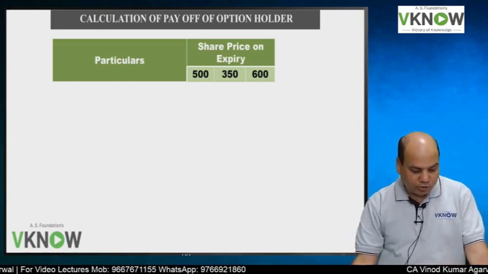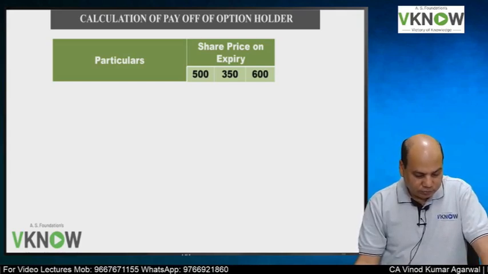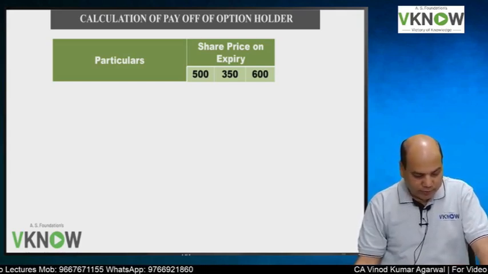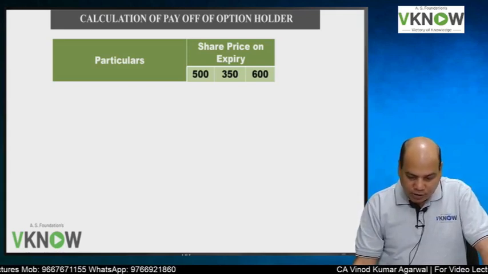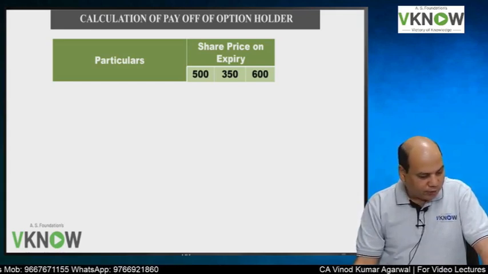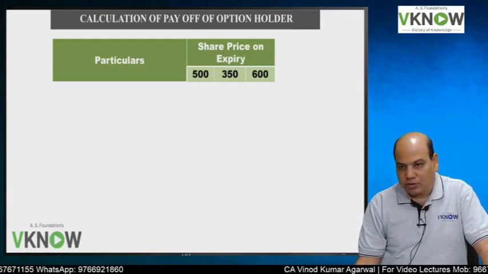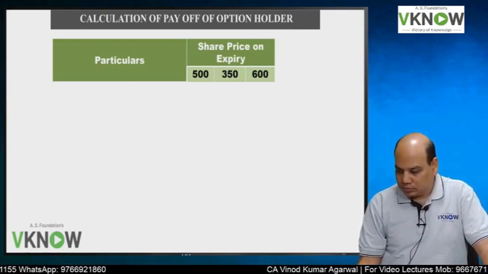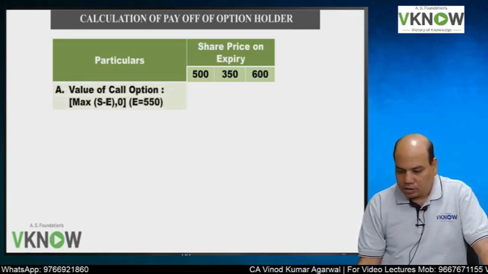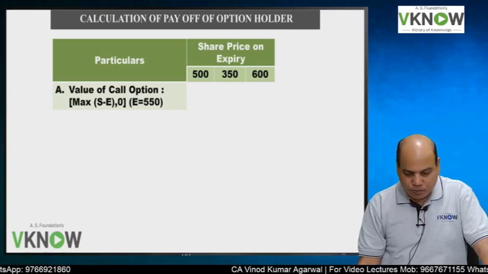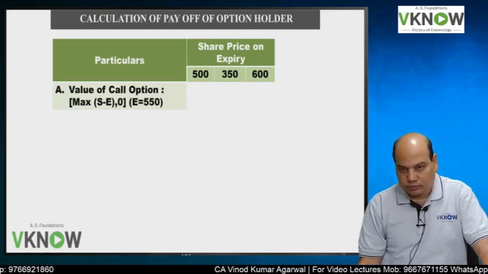First, write down share price on expiry. Under that 3 columns, as per the question, 500 rupees, 350 rupees, 600 rupees. Understandable? Now write down point A, value of call option.